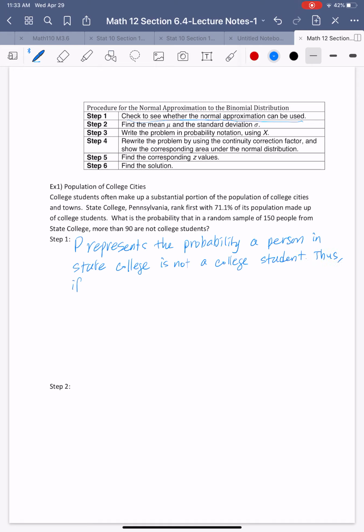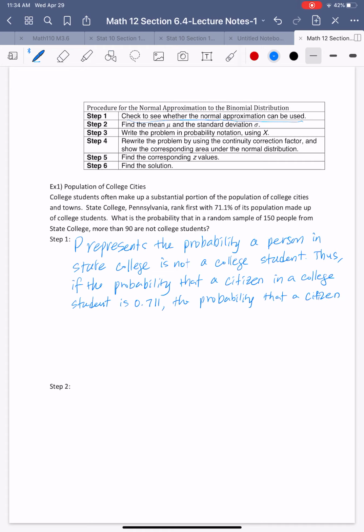If the probability that a citizen is a college student is 0.711, the probability that a citizen is not a college student is found by subtracting 0.711 from 1, which gives 0.289.